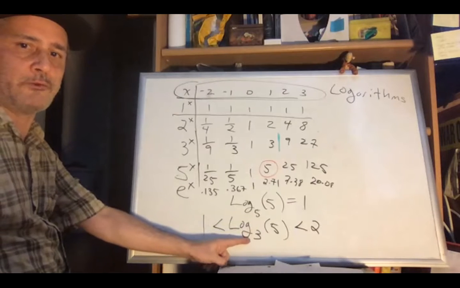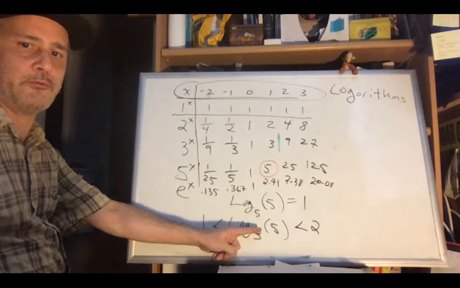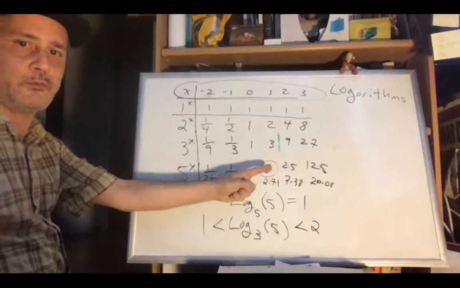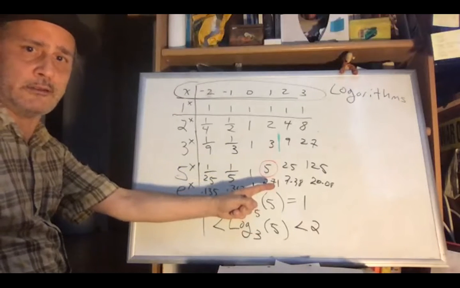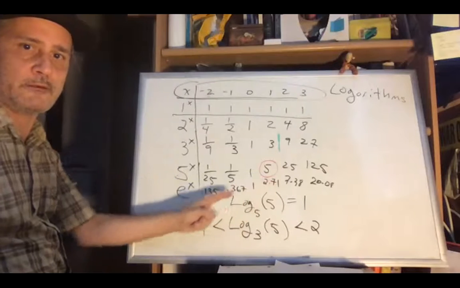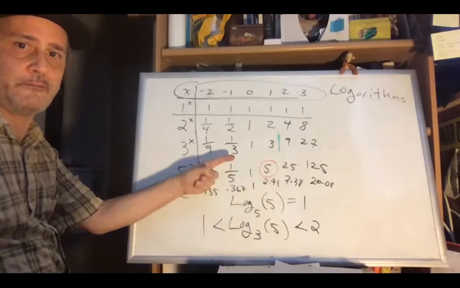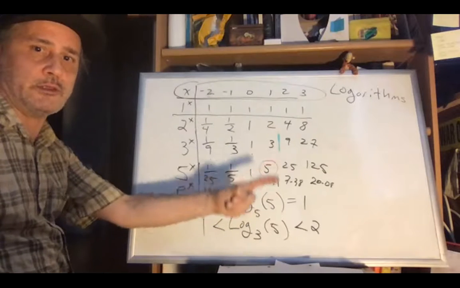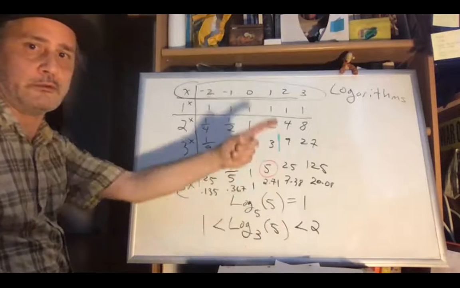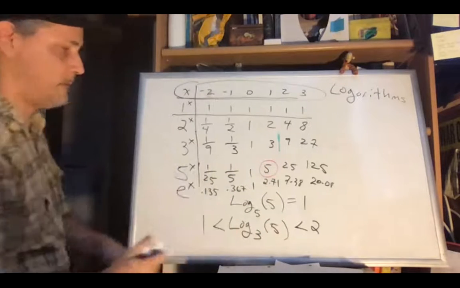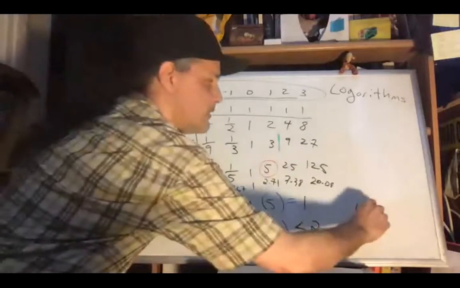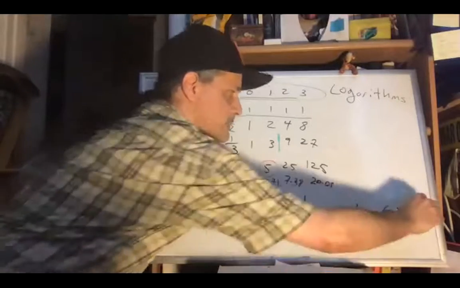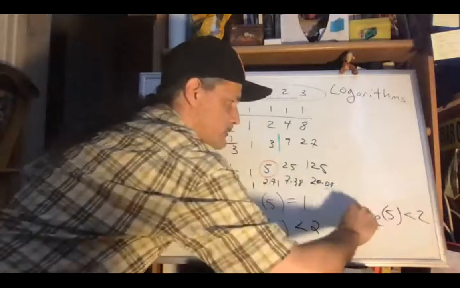With the logarithm using base 3 to represent the value 5, we needed an exponent between 1 and 2. With e, that's the same, because e is pretty close to 3, 2.71. So we would still need an exponent in between 1 and 2.